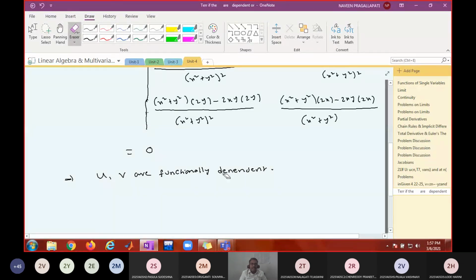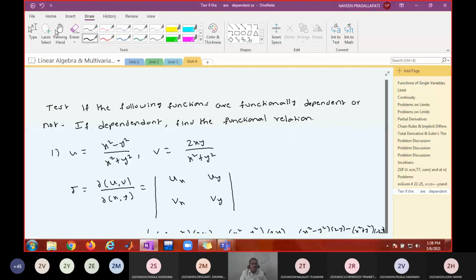Okay, what can be the relation? Can you please tell me? There is no formula to find out the relation. It is your observation only. From your observation only, you have to get the relation between u and v.